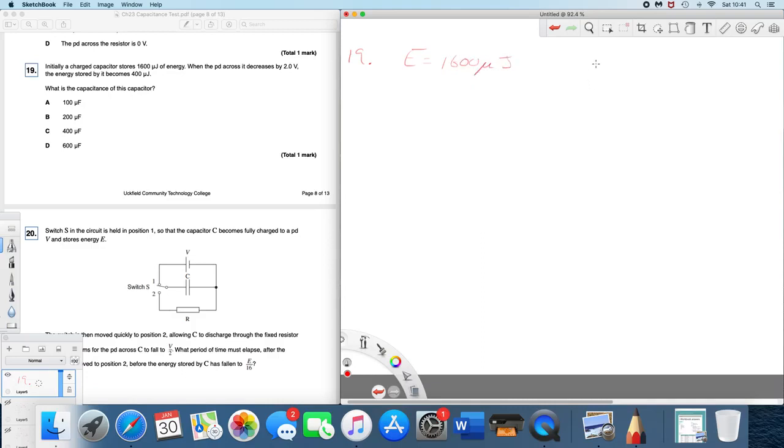When the PD decreases by 2 volts, the energy stored becomes 400 microjoules. And the question is, what is the capacitance? Now, I would say the way to go about this is E equals a half CV squared.